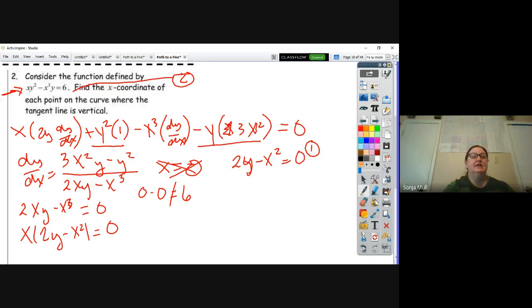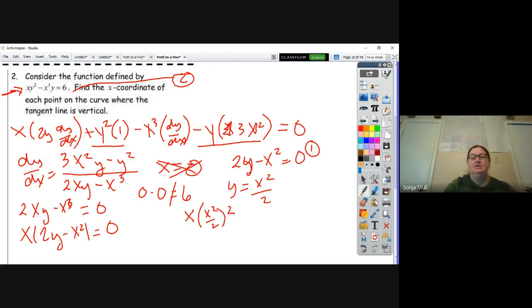Since in the original equation everything's multiplied together, I don't want to solve that. So I'm going to solve equation number 1 for y. I add x squared to both sides, and I divide by 2, and I get y equals x squared over 2.